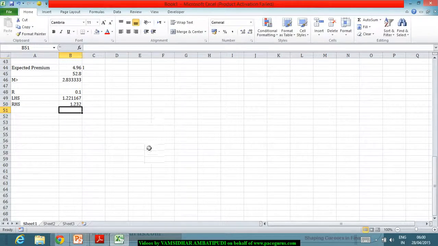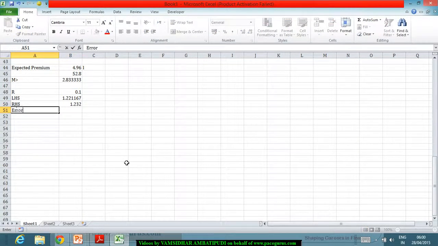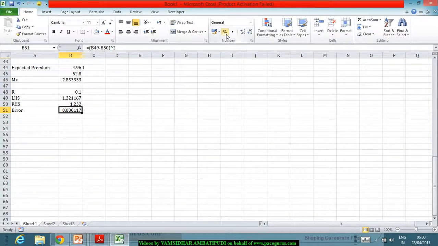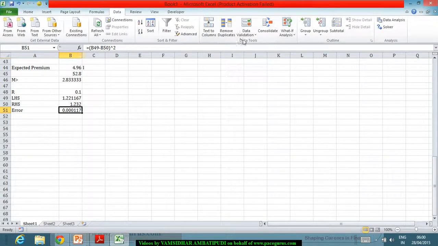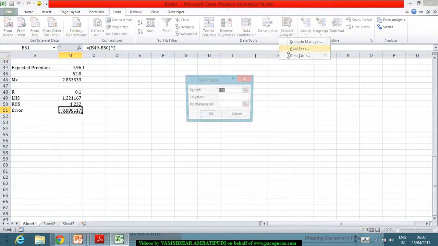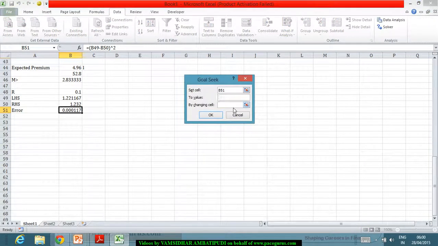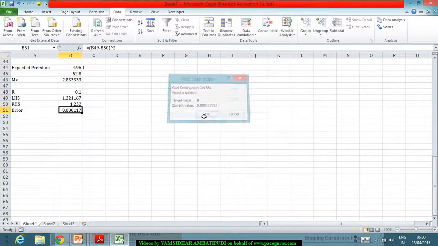So this is 1.232. Now this is where I'll do trial and error work to minimize the error and arrive at a proper value of r in this case. I can go on a trial and error basis, but here I'll try to use Goal Seek.